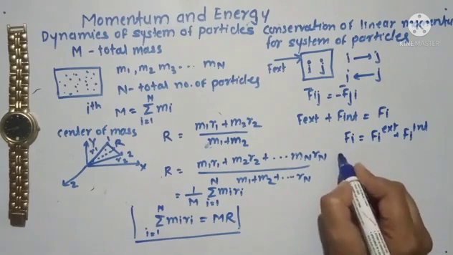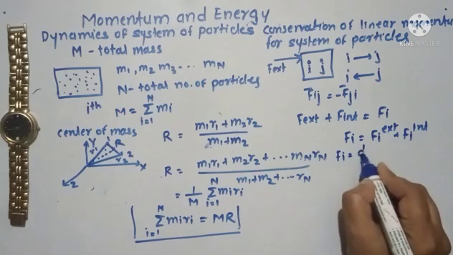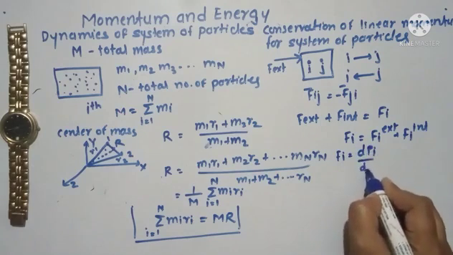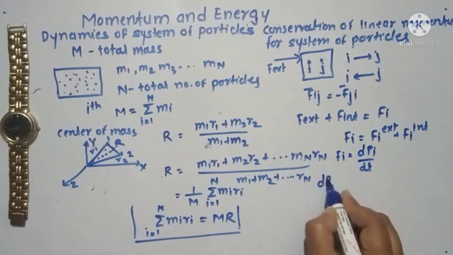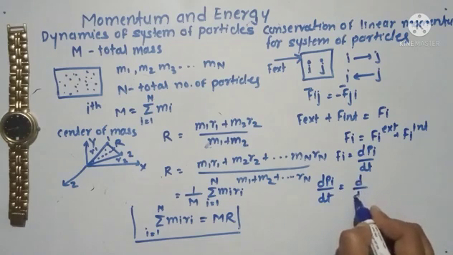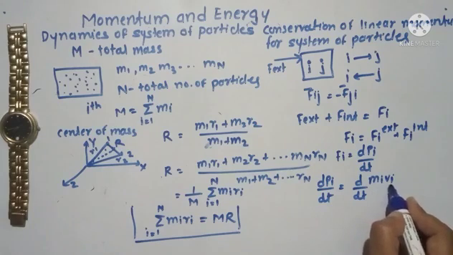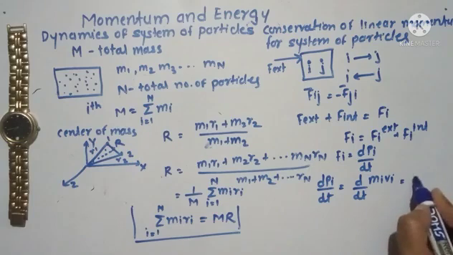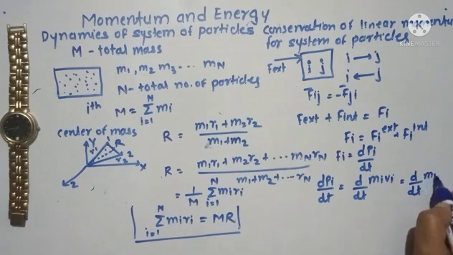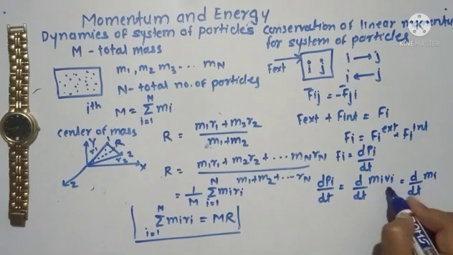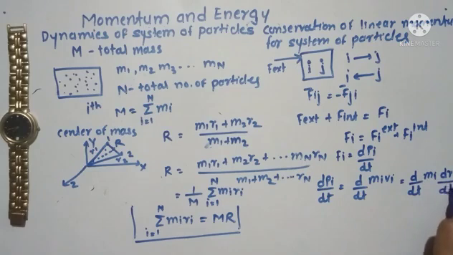According to Newton's second law, this F total can be given as dpi upon dt. This dpi upon dt can also be written as d by dt of mi vi, where mi is the mass of that ith particle and vi is the velocity of that particle, which can also be written as d by dt of mi into dri upon dt, writing the velocity in the form of the displacement.